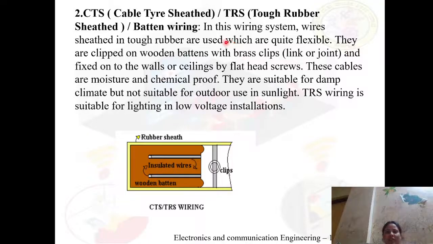In this type of wiring, the wires are sheathed in tough rubber, which is very flexible, and they are clipped on the wooden batten.